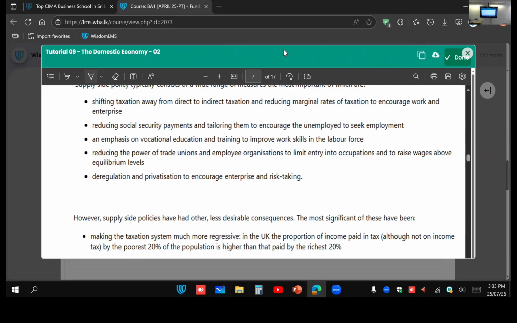Have you been to a government bank and a private bank? I have personally been to a public bank.